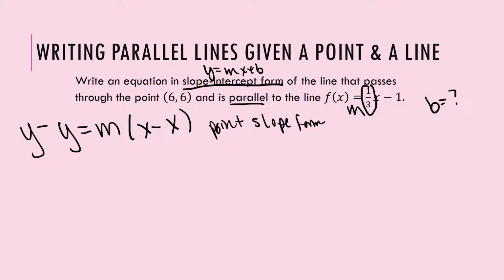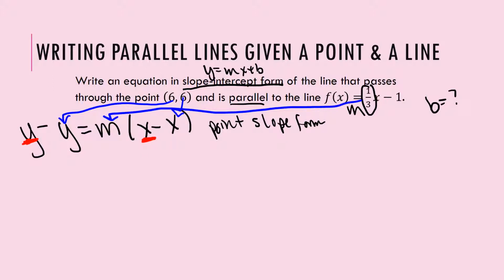In point-slope form, you always keep the first y and the first x as the variable, and then the second y and x is the value that you're going to plug in from the point that our problem gave us. And we know that this 1/3 is going to be plugged in for m.